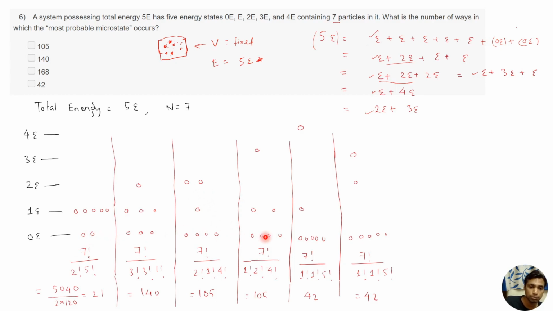Once you have this diagram, you can calculate that number, and it turns out that this microstate will have the largest number, which is 140. So the most probable microstate is this microstate, and it corresponds to 140.